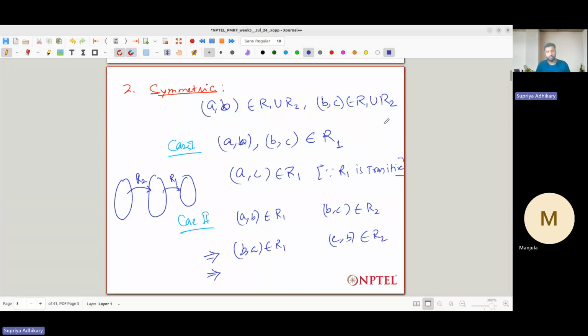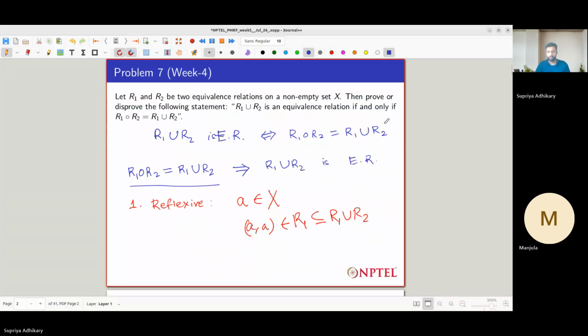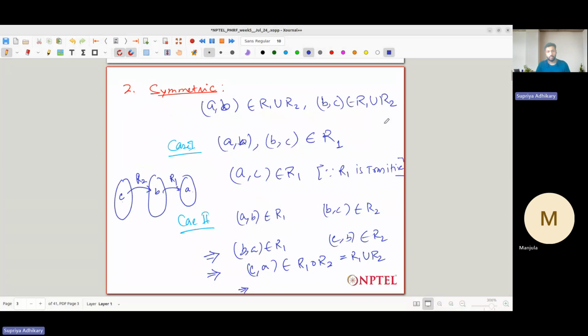And from there this will imply that (c, a) belongs to R1 composition R2, because (c, b) is in R2, that means c is related to b and b is also related to a. Since R1 composition R2 is equal to R1 union R2 according to the hypothesis, (c, a) belongs to R1 union R2, and so we can conclude that (a, c) belongs to R1 union R2.